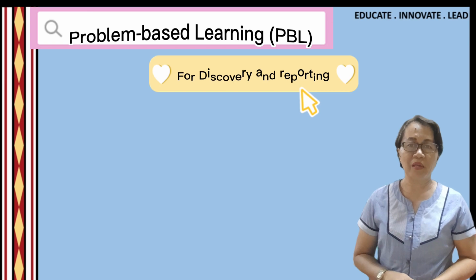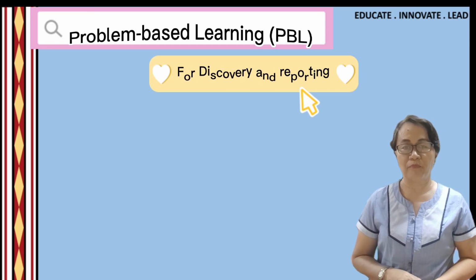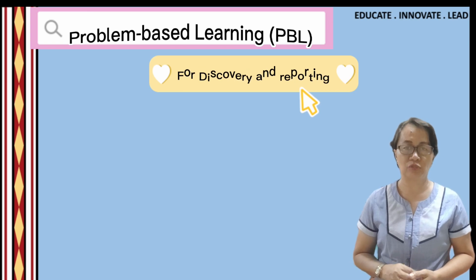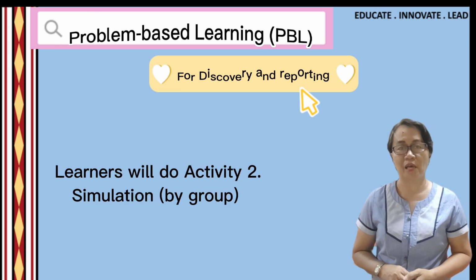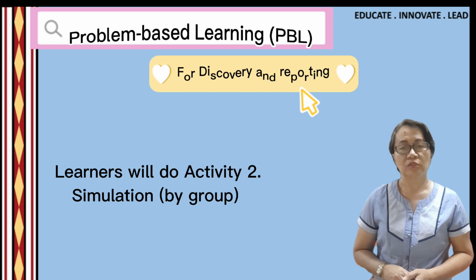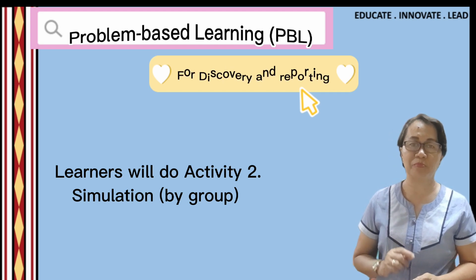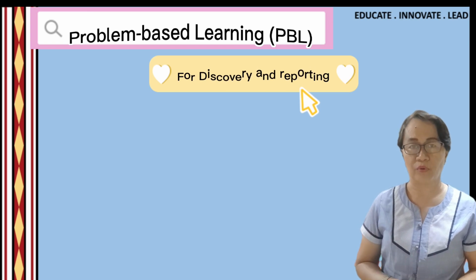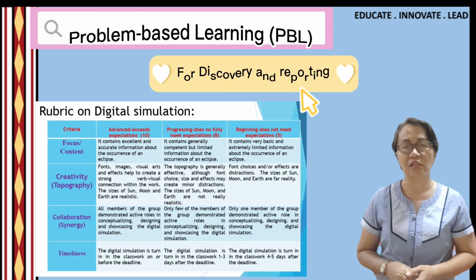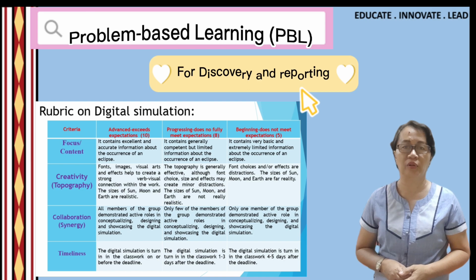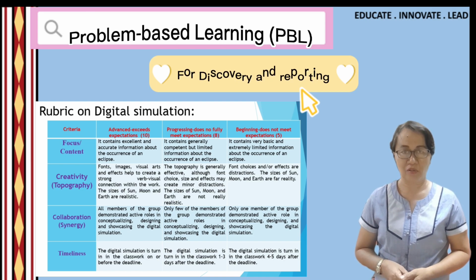For the discovery and reporting process of PBL, the learners will do Activity 2. This has to do with simulation. To let the learners actualize and have first-hand experience on how eclipses occur, they will do a digital simulation of solar and lunar eclipses.